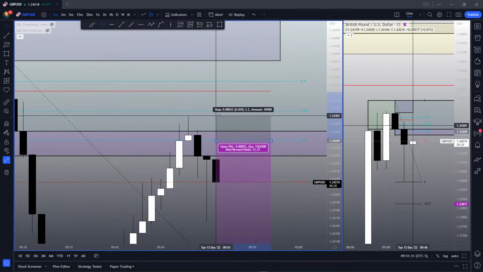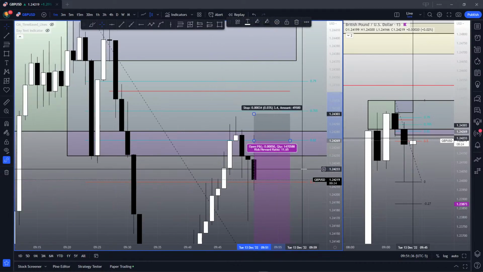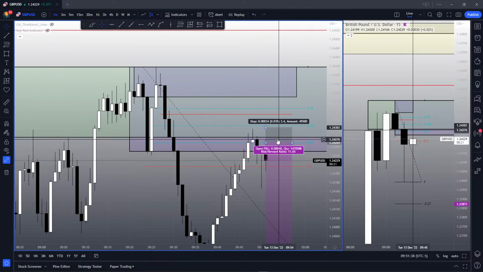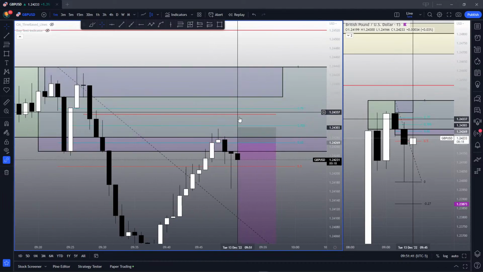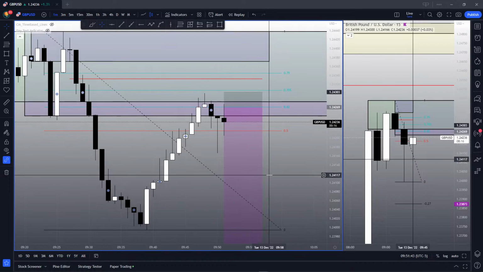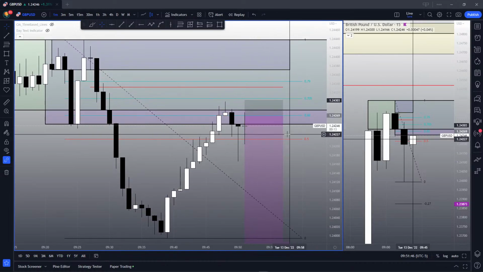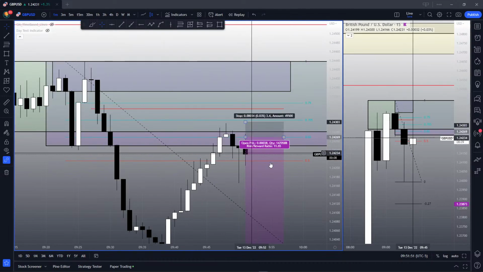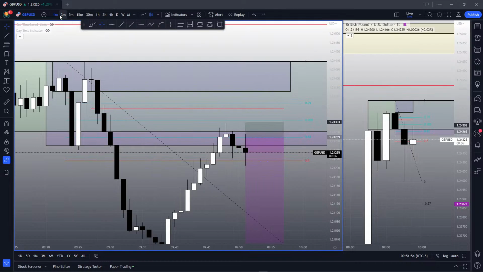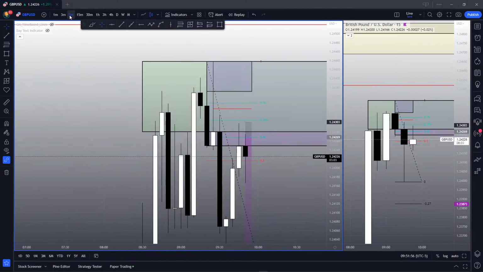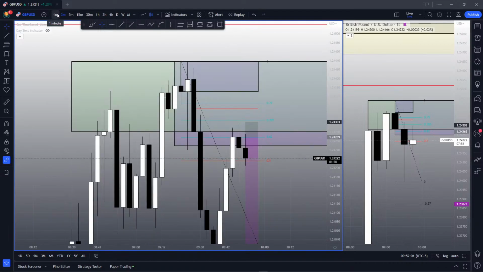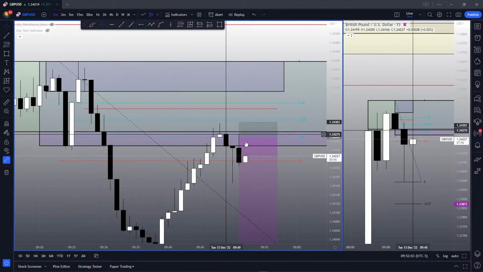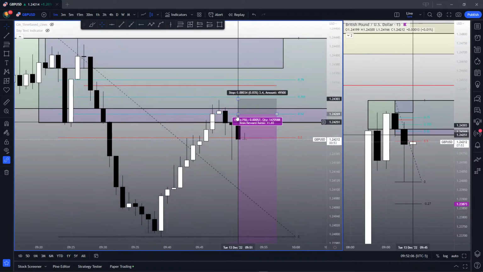See, double top. See if we can maintain that level. 5 minutes. It looks like we are maintaining the level pretty well. So I'm just going to take a sell here.